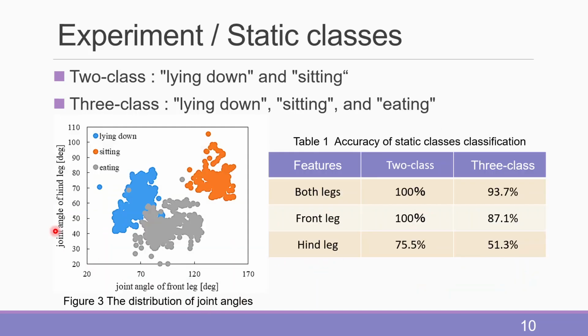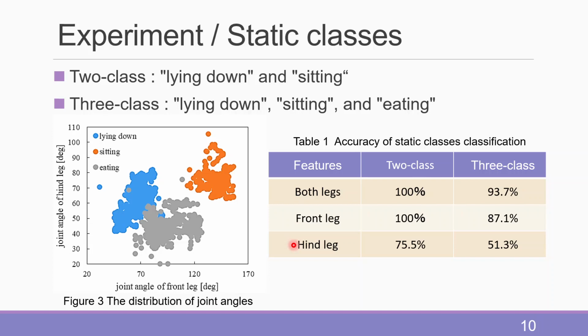The left figure shows the distribution of joint angles for each action. The joint angles of both legs, front leg only and hind leg only, are used as feature points.